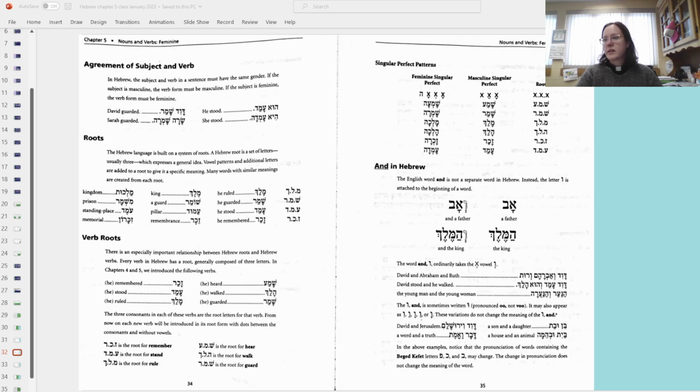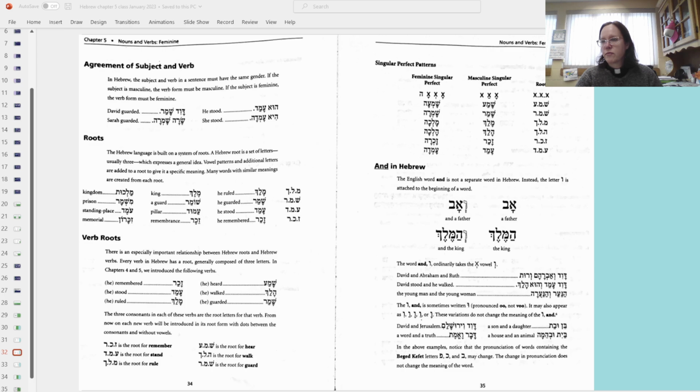Verb roots. There is an especially important relationship between Hebrew roots and Hebrew verbs. So every verb in Hebrew has a root generally composed of 3 letters, and they give examples of the verbs that we have been kind of accustomed to throughout these chapters. And on the bottom, they have the root letters.